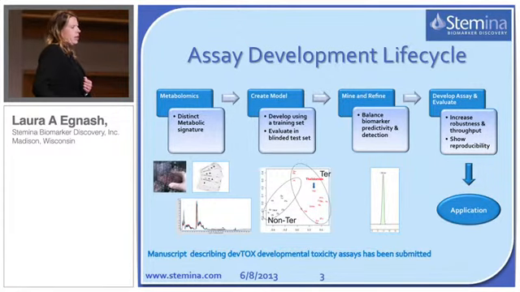We then create a model, and we further develop it using a training set of compounds or samples, then evaluate that in a blinded test set. Then we take that data and we further mine and refine our signature with the idea that we want to balance biomarker predictivity and detection. And we would like to refine the signature such that we can make it less complex.